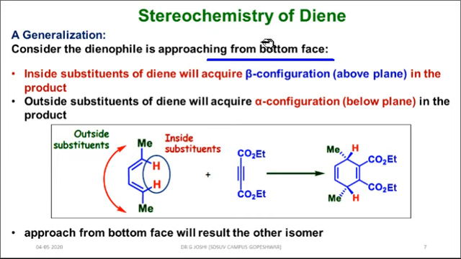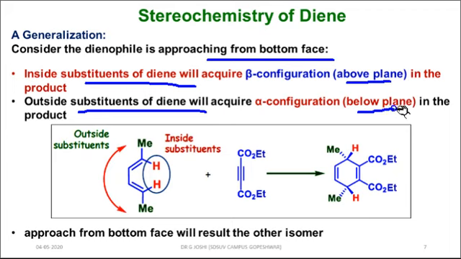A generalization can be made for the stereochemistry of product in which the inside substituents of diene will acquire a beta configuration or above plane in the product. Similarly, substituents which are outside of the diene acquire the below plane in the product, as shown in this example. These two methyl groups are towards the outside of the diene, and these hydrogens are towards the inside of the diene.